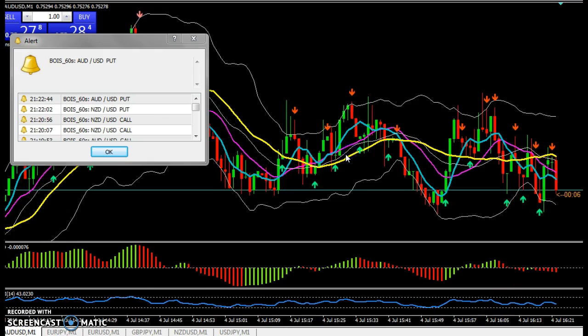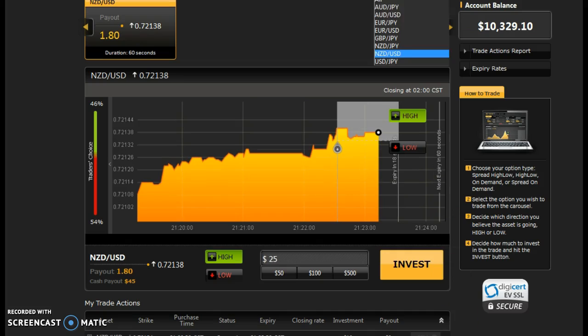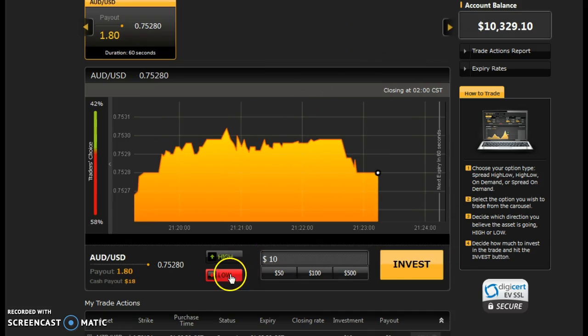Looks like this is following a little bit of a head and shoulders formation here. Head, shoulders, heading back down.